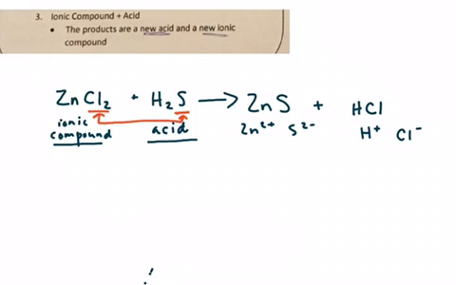Okay, and so here is our new acid that's produced, and here is our new ionic compound. Alright, well those are the three subtypes of double replacement reactions.